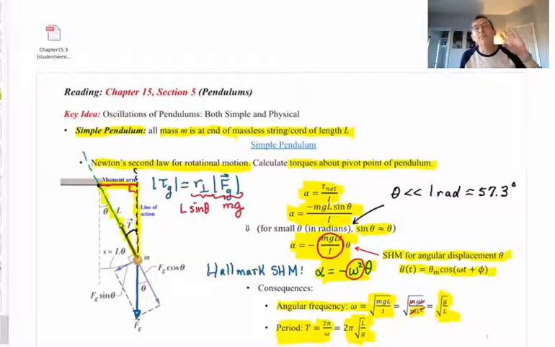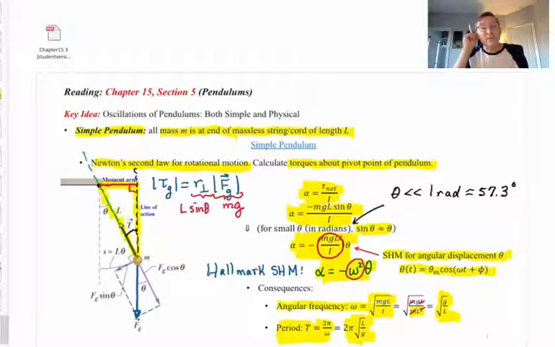So the period of a simple pendulum does not depend on the mass of the bob, but it does depend on the length of the string, and the longer the length, the longer the period. If you've ever graded elementary or middle school science fair projects, this is one of the quintessential experiments that the children do.